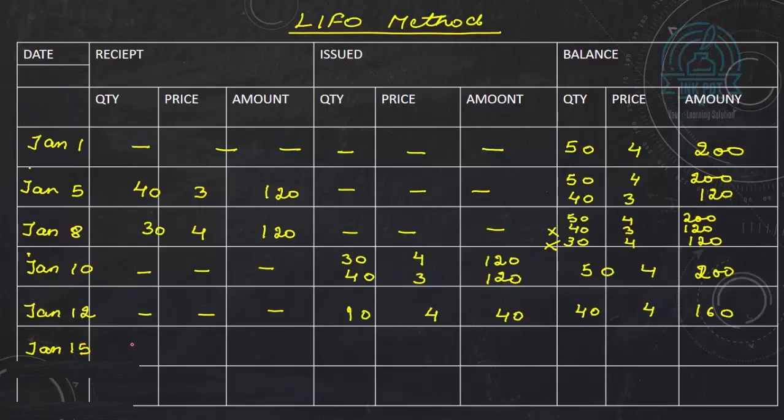Now, as on Jan 15, we have received 20 units at the rate of 5, that is 100. Now we have not issued anything, right?